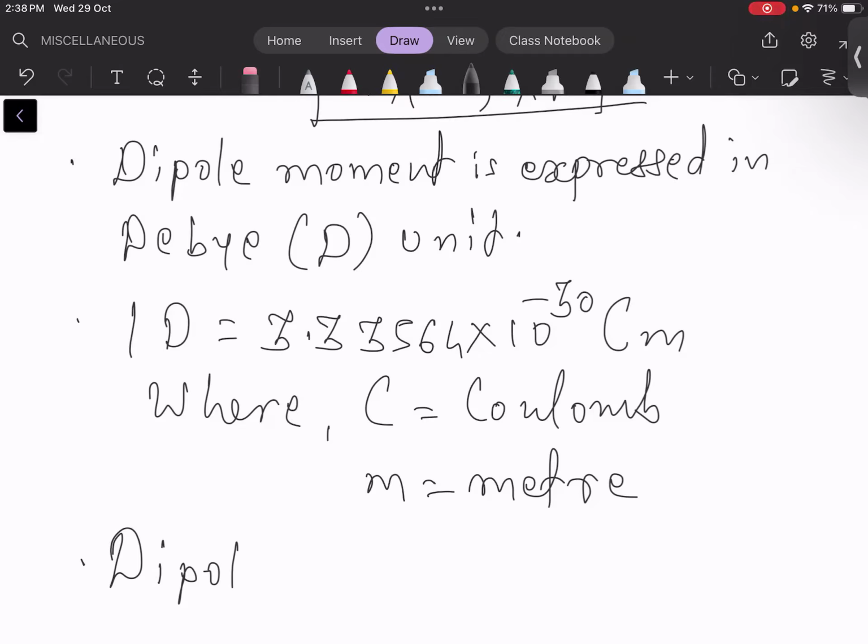Vector quantity has both magnitude as well as direction. However, scalar quantity has only magnitude. It does not have direction.